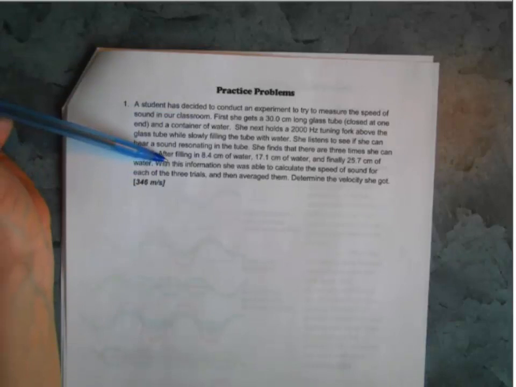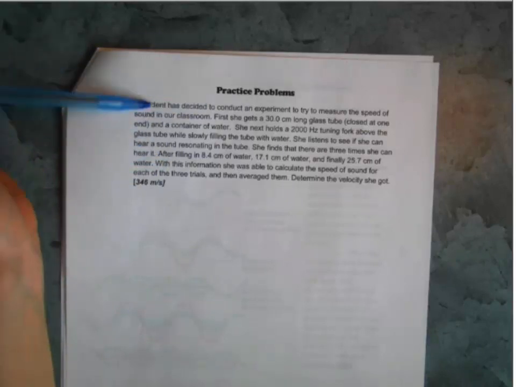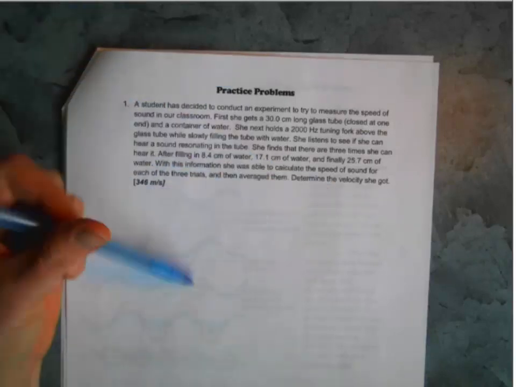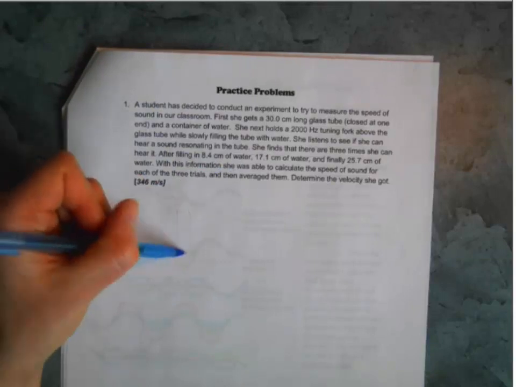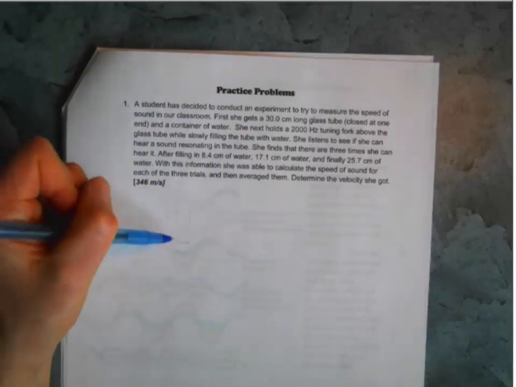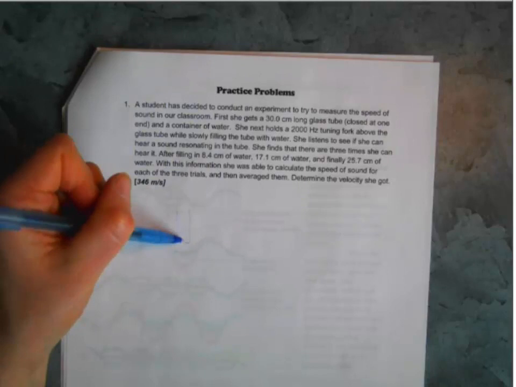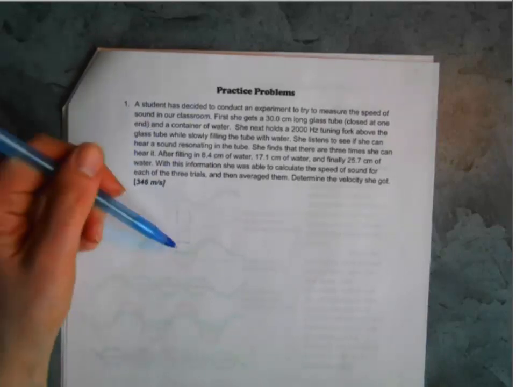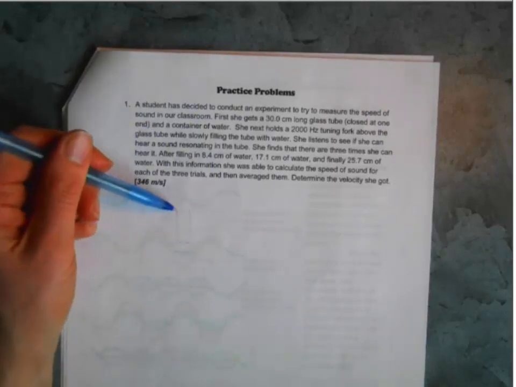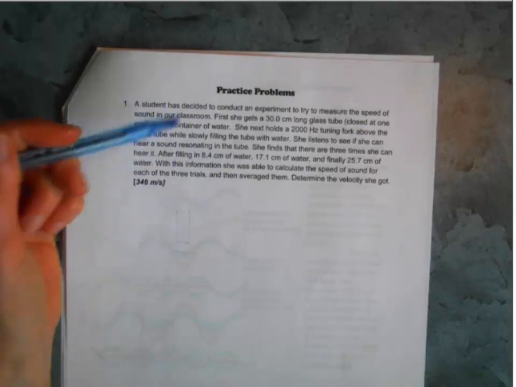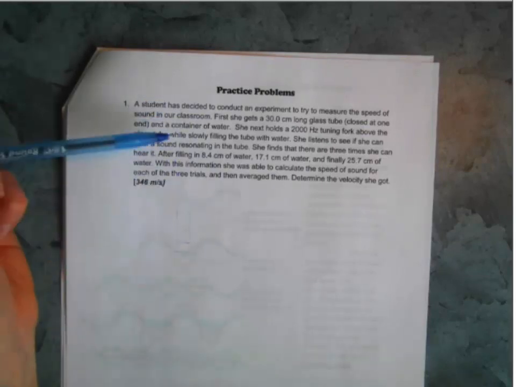In this case, you're looking at an open-ended tube that's being filled with water. Because it's open at one end, the places where you're going to hear the sound are always going to have the antinodes at the opening. So you need to keep that in mind while you do your calculations.